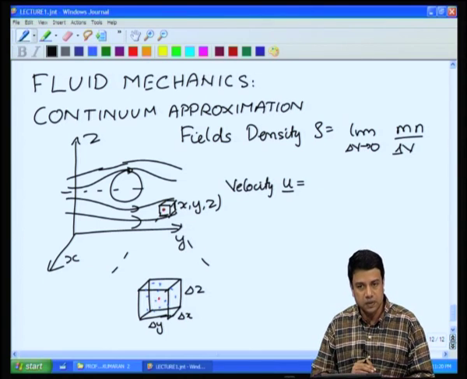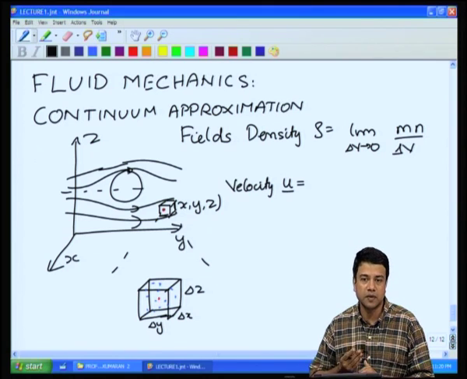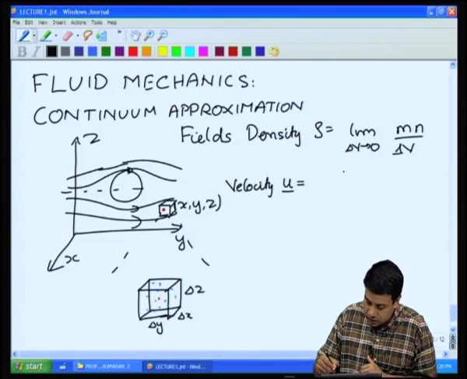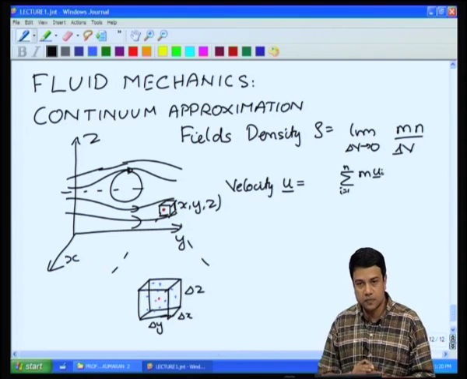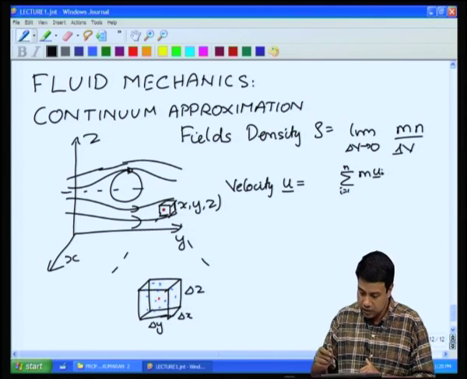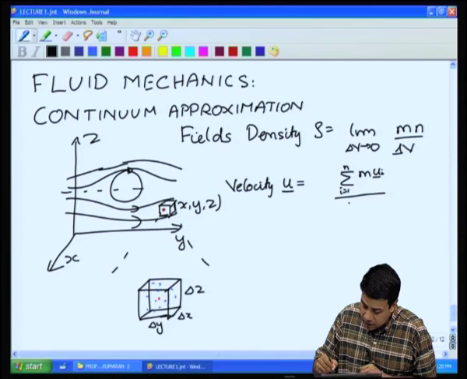Each molecule within this differential volume has one particular velocity or one particular momentum vector. So, I add up over all the molecules the mass of each molecule times the velocity of each molecule, and then I divide it by delta V.